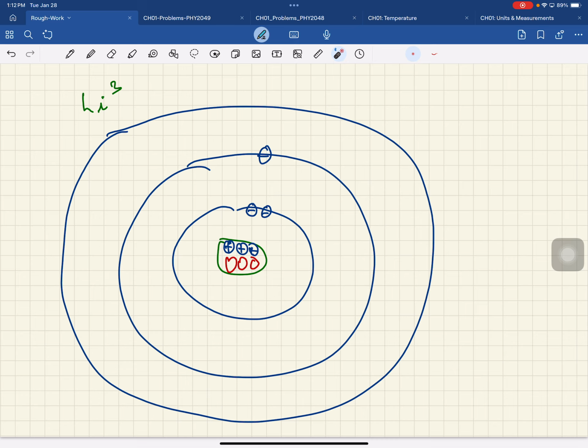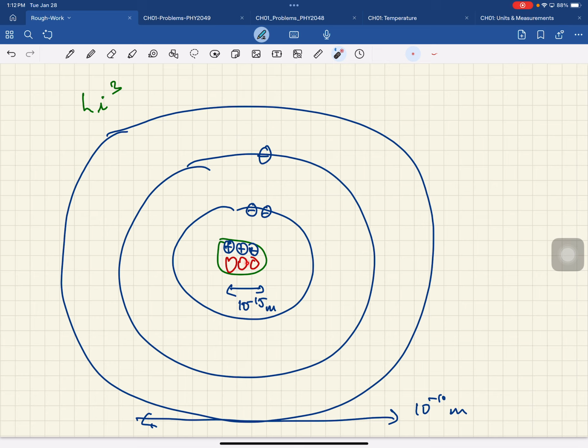The size of this atom is what we've been talking about. The size of most of these atoms is about 10 to the minus 10 meters. The size of the nucleus is 10 to the minus 15 meters. That's very interesting. Now, most of the mass of the atom is right there.